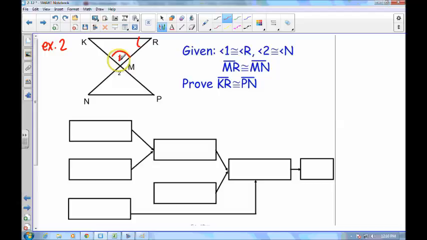Then it says angle 2 and angle N are congruent, but they're separately congruent. They're not congruent to the first, at least we're not told that. So angle 2 and N are another pair, so I'm going to do a double arc to distinguish that these two together are congruent. And then the single arc goes for angle 1 and angle R.